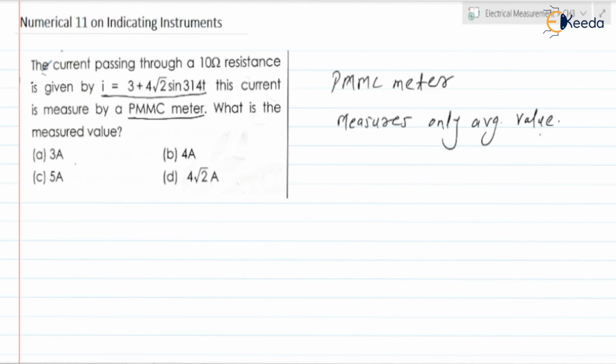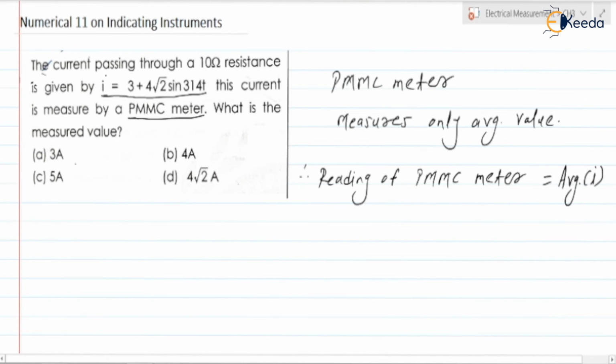So can we say that the reading of the PMMC meter is equal to the average of current I? So now we need to find the average value of this current I. We know current I is given as 3 plus 4 root 2 into sine of 314t.